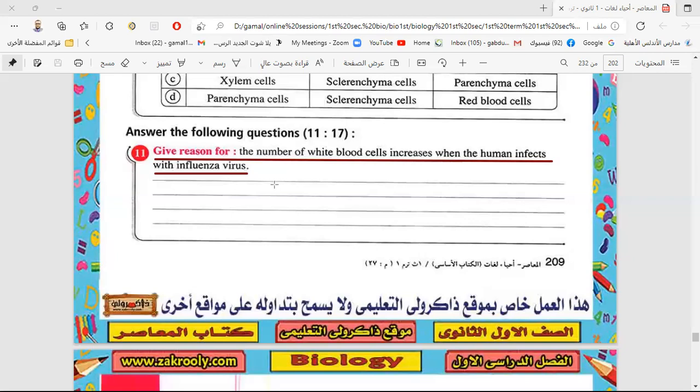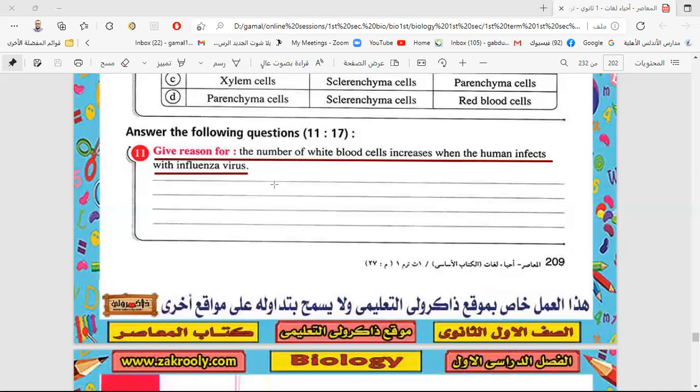If somebody is sick, the first test the doctors ask for is a blood test, a blood count. Why do they make a blood count? To see the white blood cells. If the number of white blood cells is very large, the doctors can conclude there is a pathogen, a virus or bacteria, in your body.